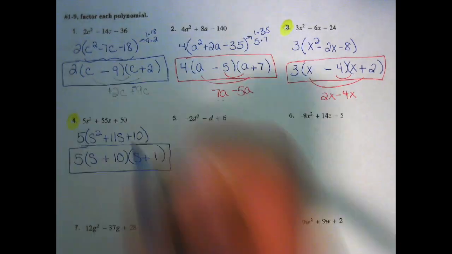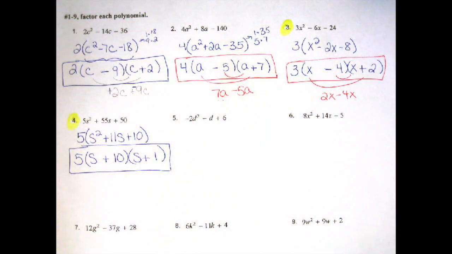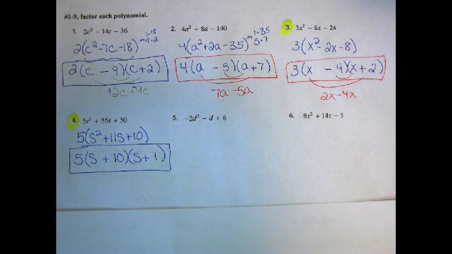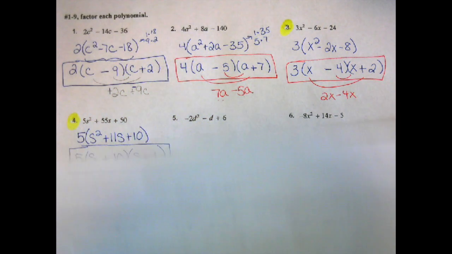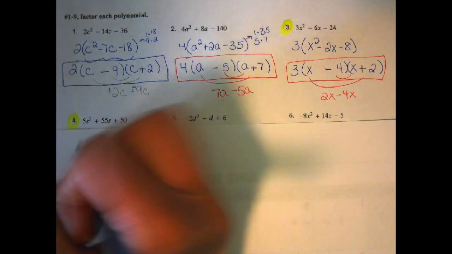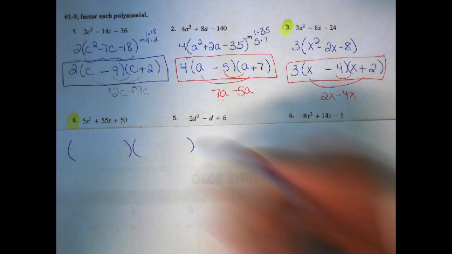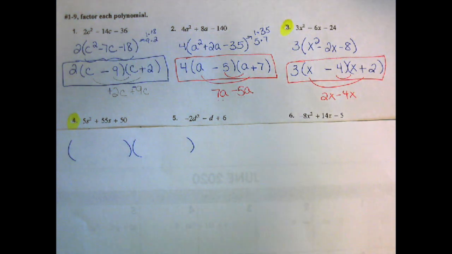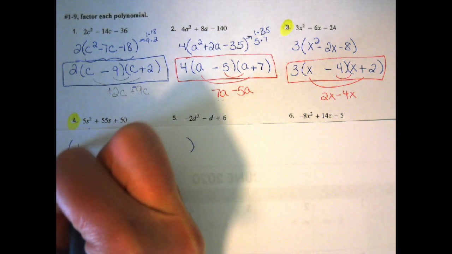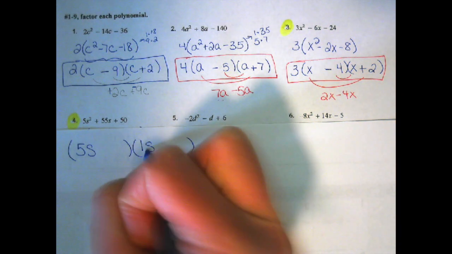Now, before we move on to the next one, I do want to just show you quickly in this particular problem that I could have not factored out the 5. So if I would have kept the 5 in and I would have tried to do my 2 binomials like this, that would be quite a bit more difficult, because how do you get 5s? You would have to go 5s, 1s.